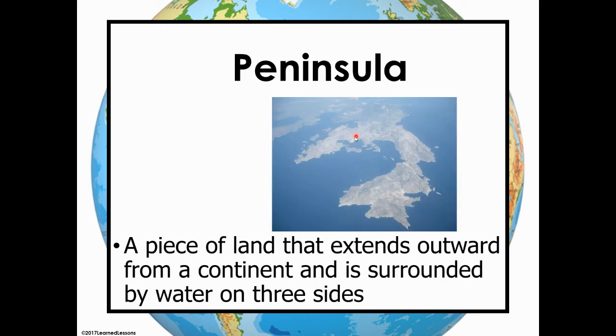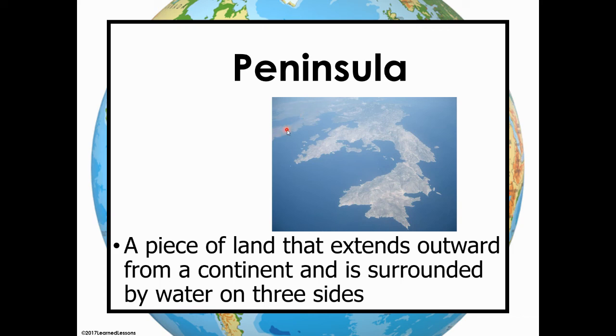A peninsula. So this is going to be something that's going to confuse y'all, especially when we get to the matching activity. Peninsulas and capes are going to be confusing. So a peninsula is a piece of land that extends outward from a continent and is surrounded by water on three sides. So it's something that juts out, okay? So this is a picture of the United Kingdom. This is a picture of England.